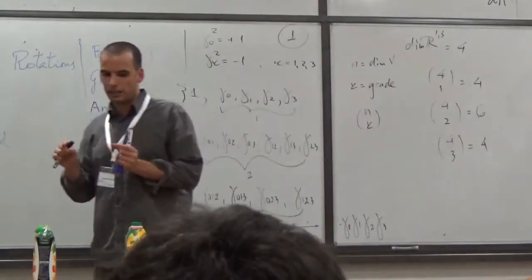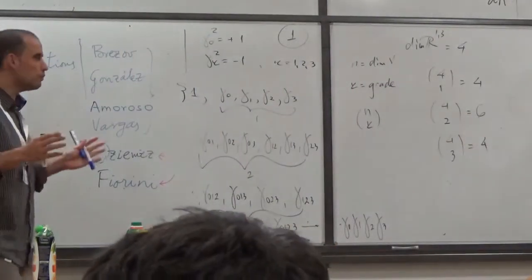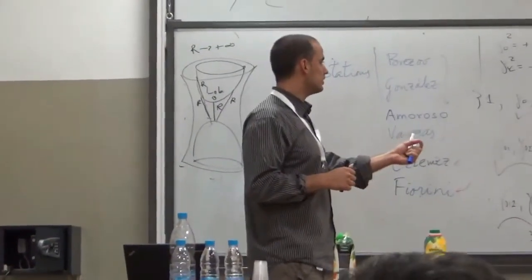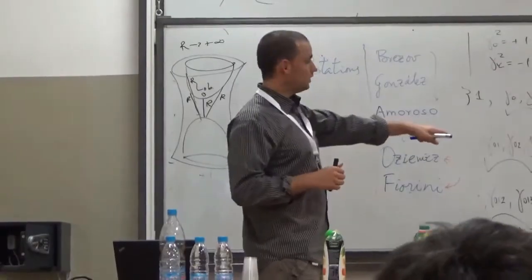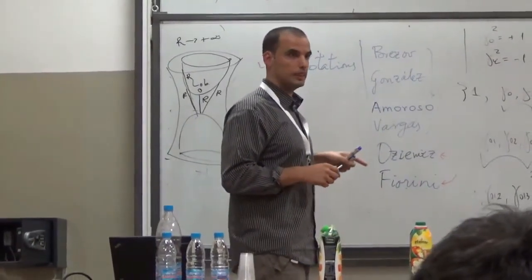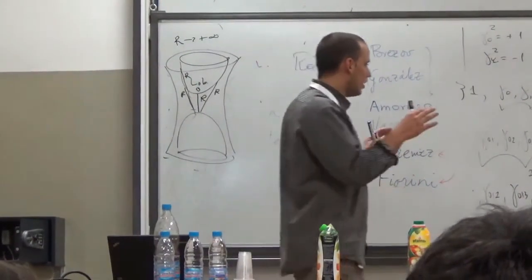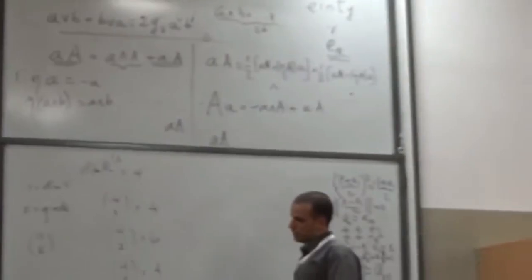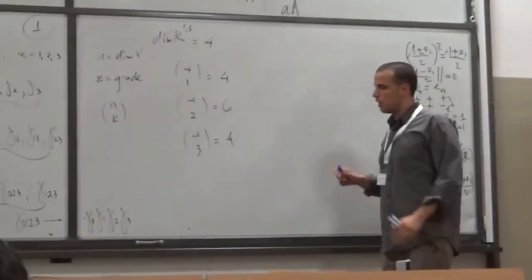The pseudoscalar, or the volume element, commutes with everything else. As in the center, it may also anti-commute. Okay? So in other words, it commutes or anti-commutes with every element of the algebra. Also, it is equal to either plus or minus 1.